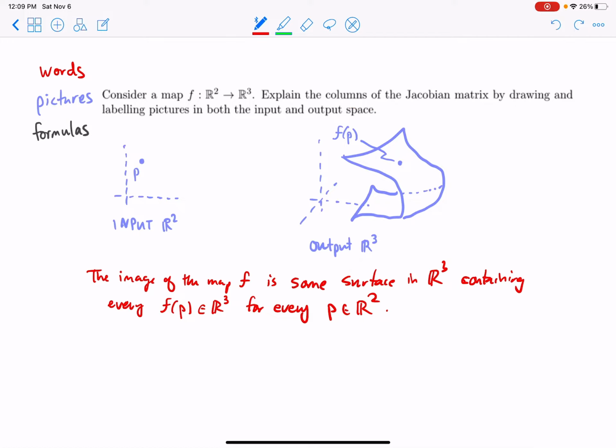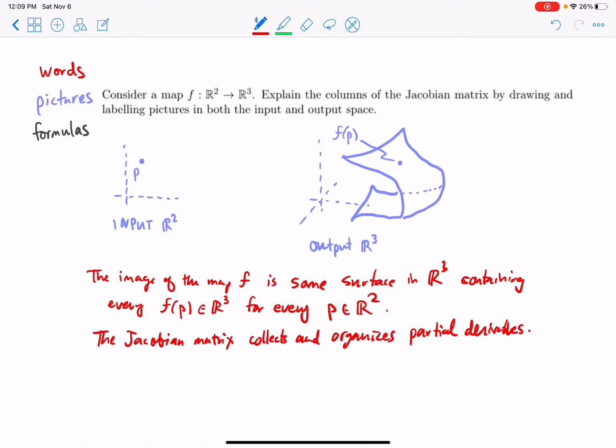So let's remember. The Jacobian matrix collects and organizes partial derivatives. Now in this case, we have two input variables. We have maybe x and y, or maybe it's theta 1 and theta 2.